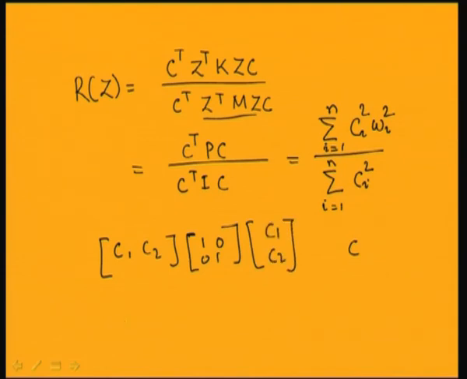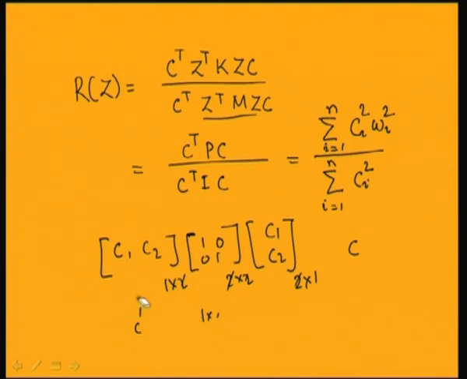Let us multiply the first two: this is 1 row 2 columns, this is 2 rows 2 columns, and this is 2 rows 1 column. So the final expression becomes 1 cross 1. If you multiply, this becomes C1 and this becomes C2.